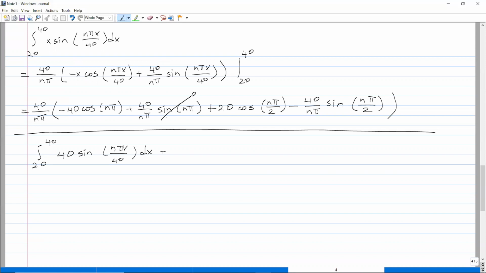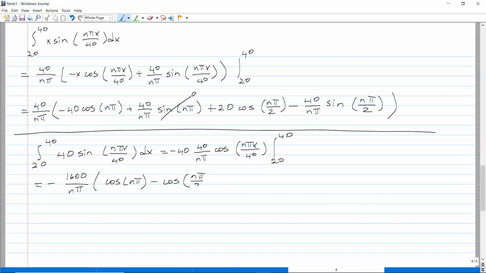So this is equal to 40 is constant. Antiderivative of sine is minus cosine. So minus 40 times 40 over n pi cosine of n pi x over 40 from 20 to 40. So this is minus 1600 over n pi cosine of n pi minus cosine of n pi over 2.